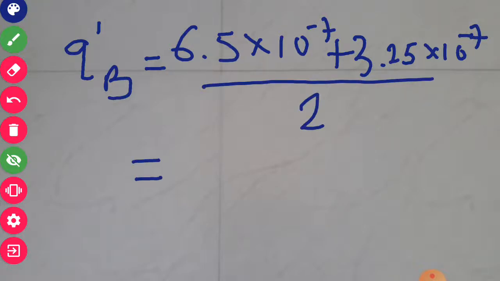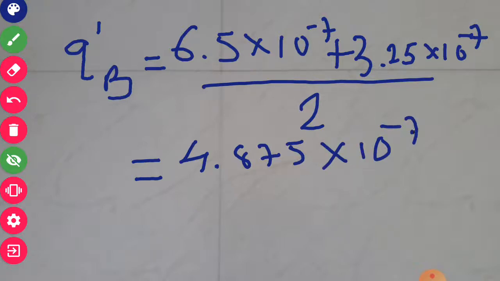So half of this will be 4.875 into 10 raised to minus 7 coulomb. So this will be the charge now on B.